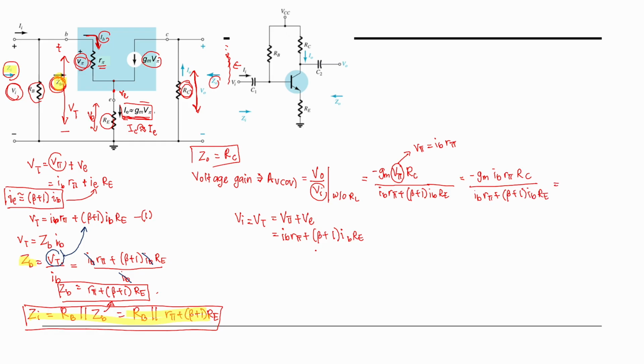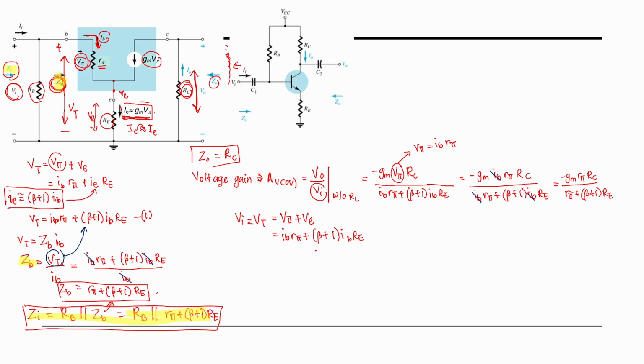So what we can do now is cancel and simplify the IB, so it will become negative GM R pi RC over R pi plus beta plus 1 RE.